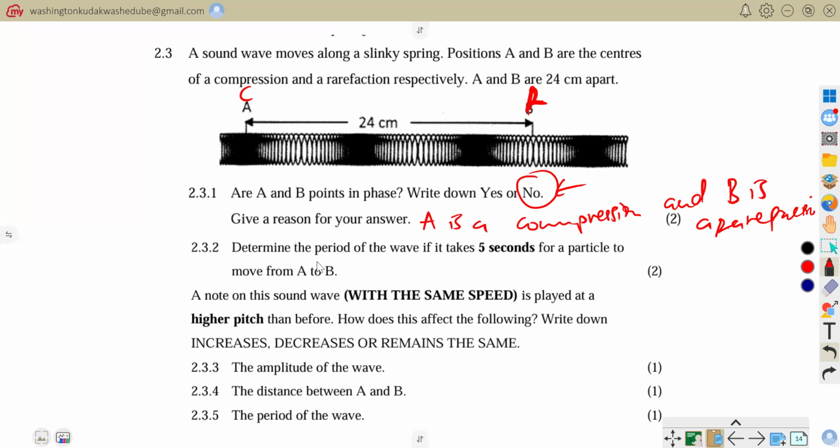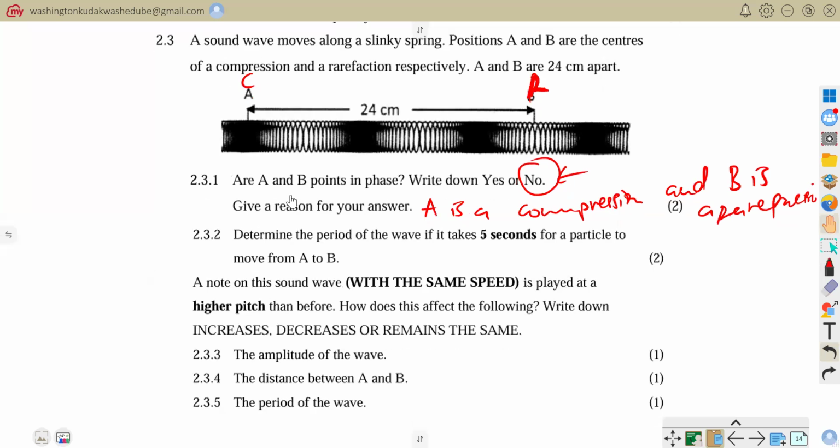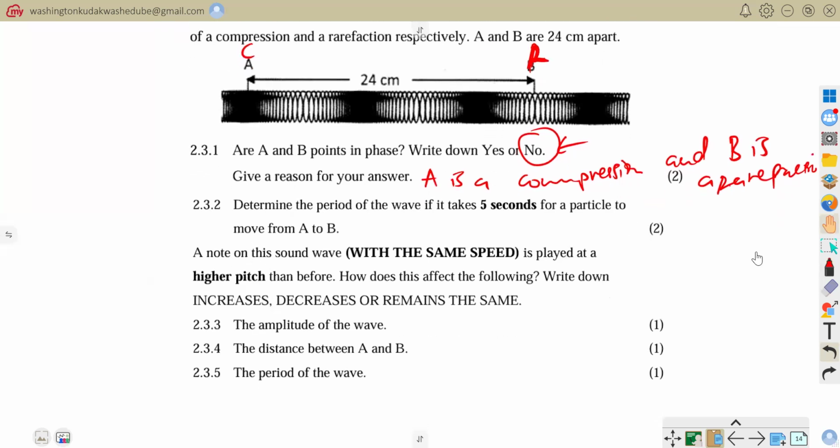It is saying, determine the period of the wave if it takes 5 seconds for a particle to move from A to B. We know that the period is the time it takes to move one wavelength.